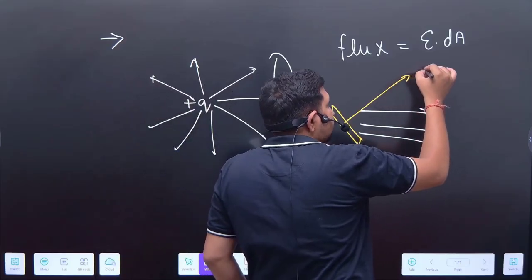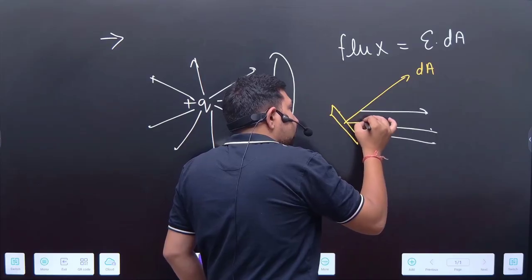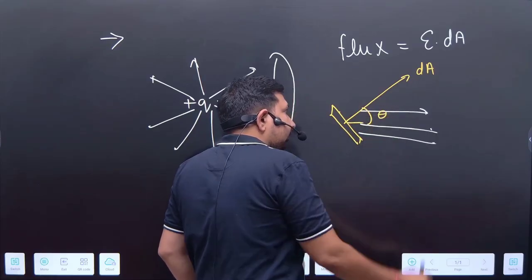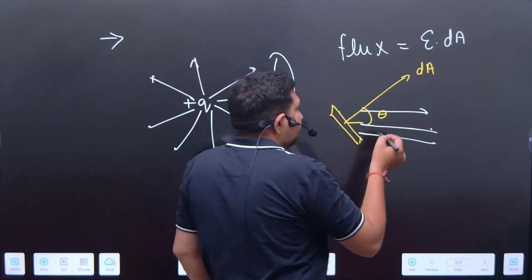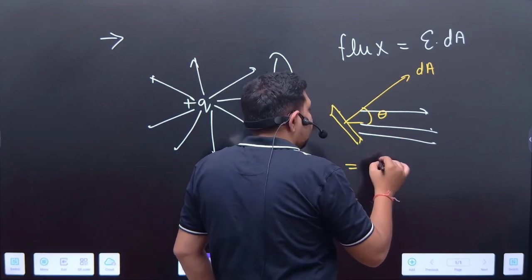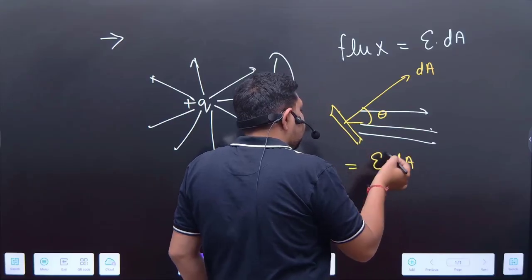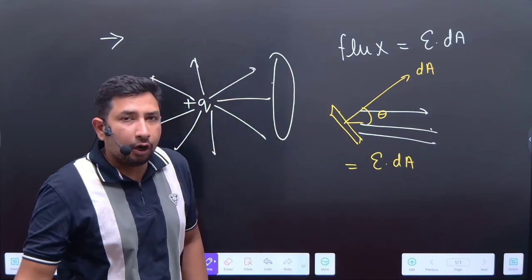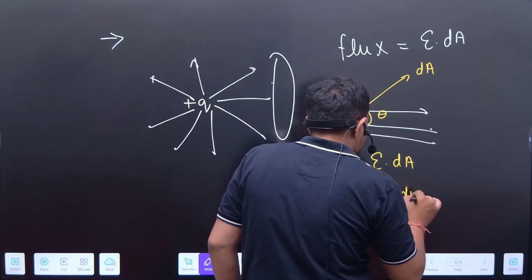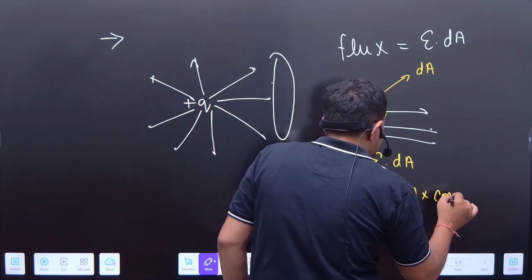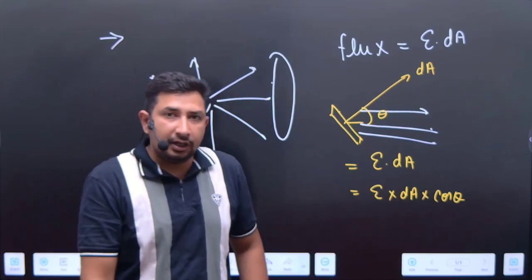Suppose this is the area vector dA and this is the electrical field. There would be some angle between them. If we take the dot product of electrical field and area, that would give us the flux. So flux is electrical field dot dA, or we can say it is electrical field into small area times cos theta, where theta is the angle between the area and the field lines.